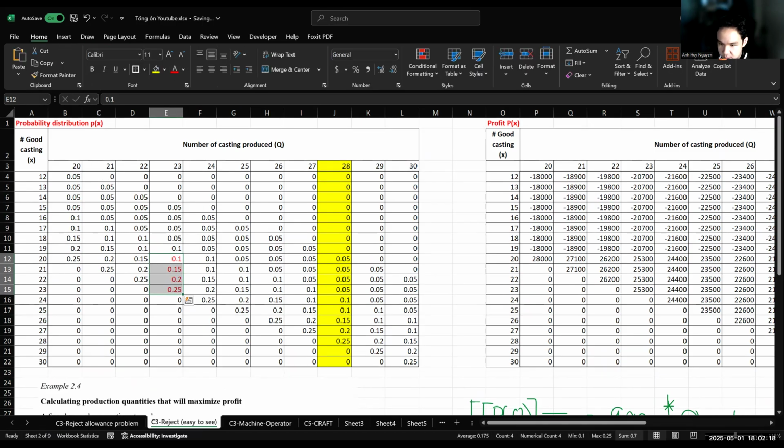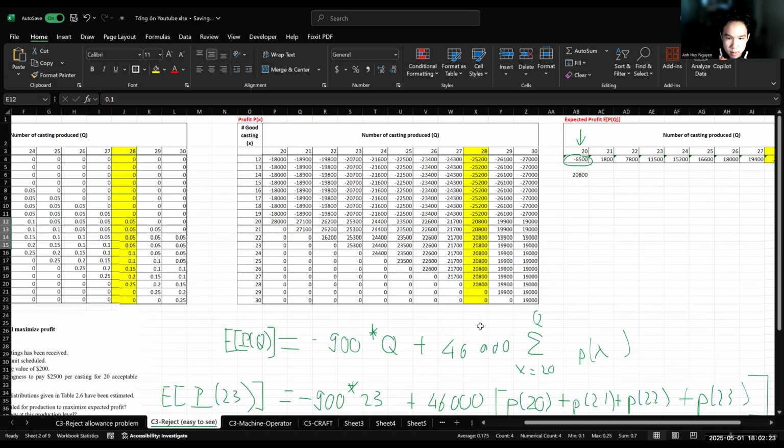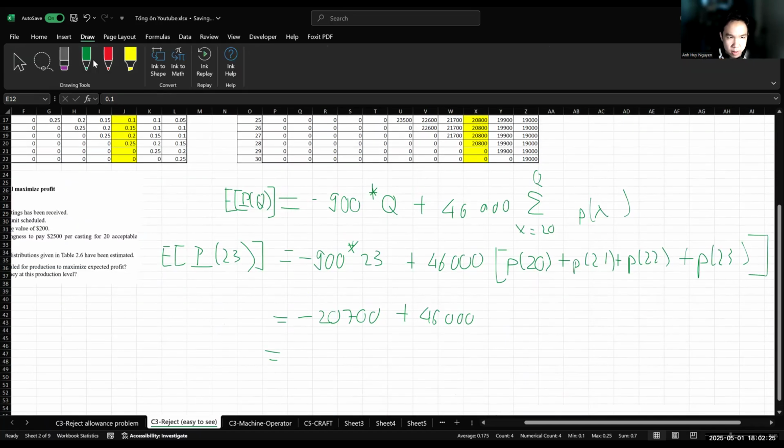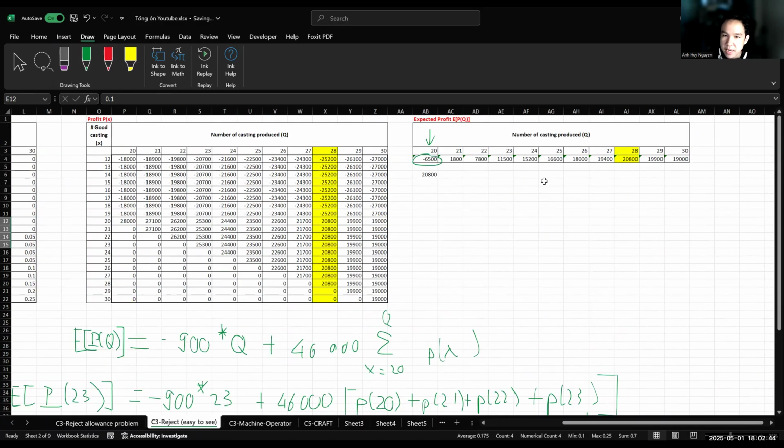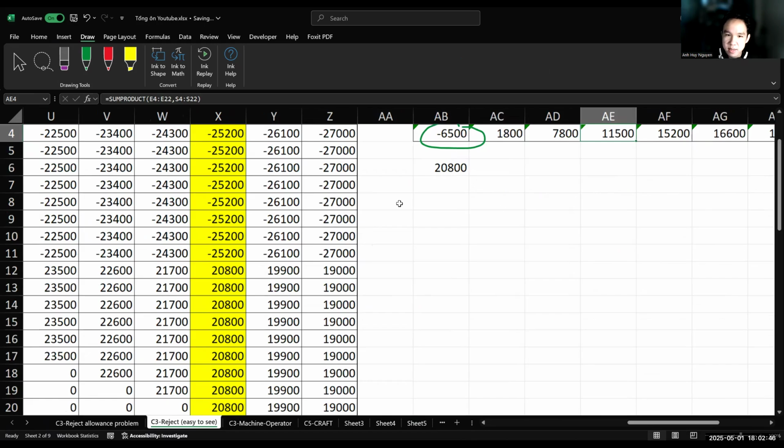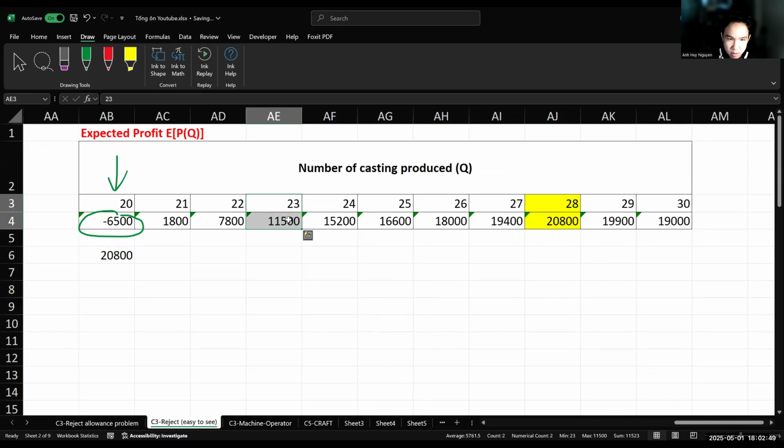The sum is 0.7, not 0.07, sorry. Multiply by 0.7. Let me check the result. 11,500. Let us check the example. Yes, 11,500, just like the calculation in Excel. So that's it.